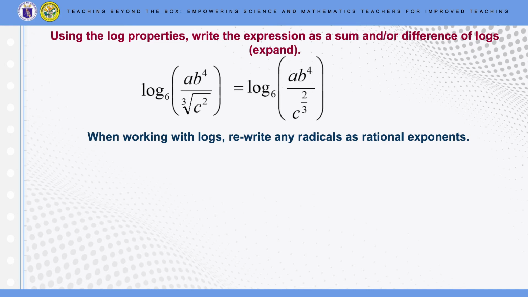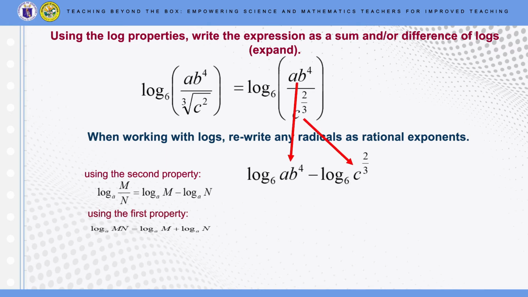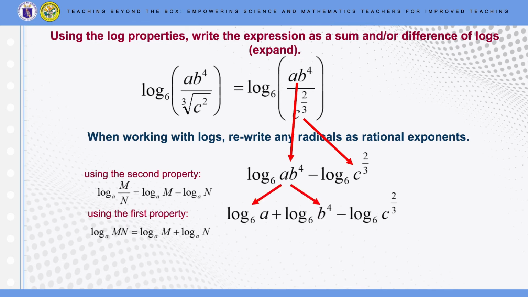Applying the second property of logarithm, which is the quotient rule, we will now have the logarithm of ab raised to the 4th power base 6 minus the logarithm of c raised to 2/3 base 6. Then applying the first property, which is the product rule, we now have the logarithm of a base 6 plus the logarithm of b raised to the 4th base 6 minus the logarithm of c raised to 2/3 base 6.